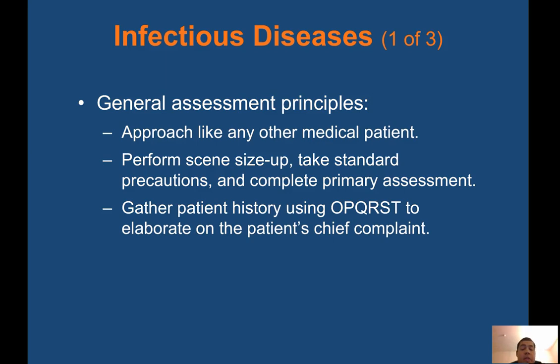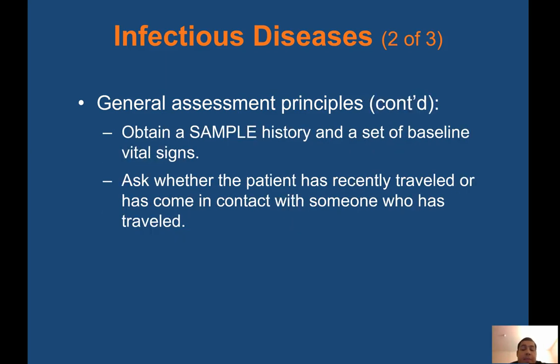So infectious diseases. General assessment principles. Approach like any other medical patient. Perform scene size up. Take standard precautions and complete primary assessment. Gather patient history using OPQRST to elaborate on the patient's chief complaint. Obtain a SAMPLE history and a set of baseline vital signs. So you're going to get signs and symptoms from the patient.